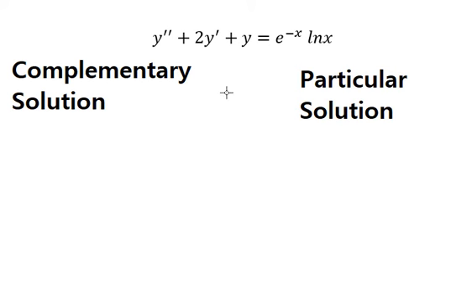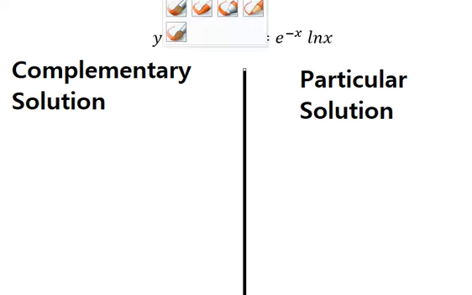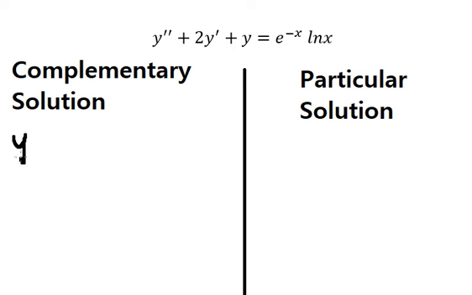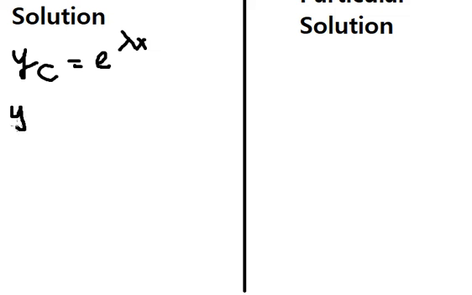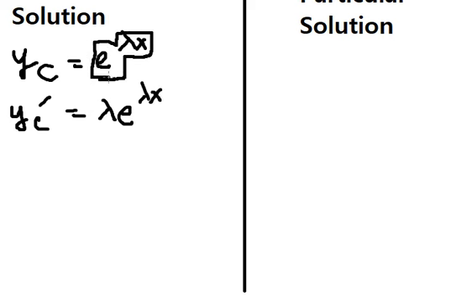So for this one, I will put yc equals e to the power of lambda s. Later we do the first derivative of yc and we have lambda e to the power of lambda s, because if we do the first derivative of this one, we keep the same e to the power of lambda s.